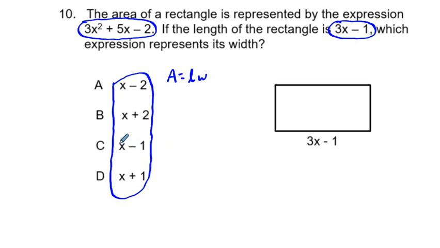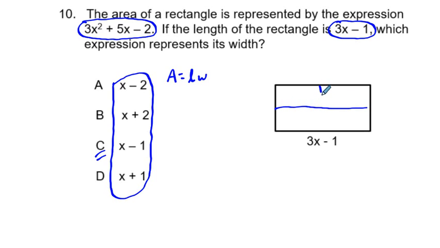One very good student got answer choice C, which happens not to be the right answer. We can test out answer choice C by taking it, and I'm just going to leave this like a box here.